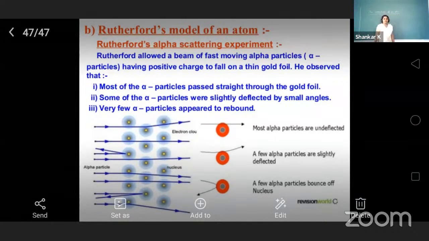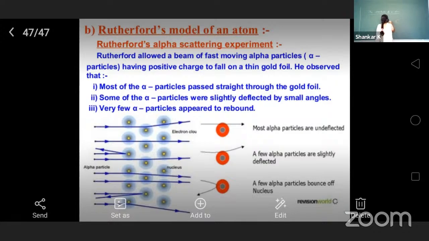Here what we did, we passed a beam of alpha particles having positive charge to fall on a thin gold foil. He took the thin gold foil and passed the alpha particles on the thin gold foil, the beam of light.